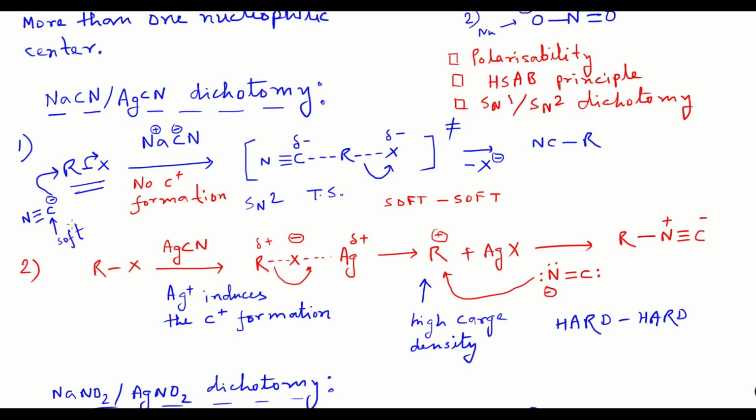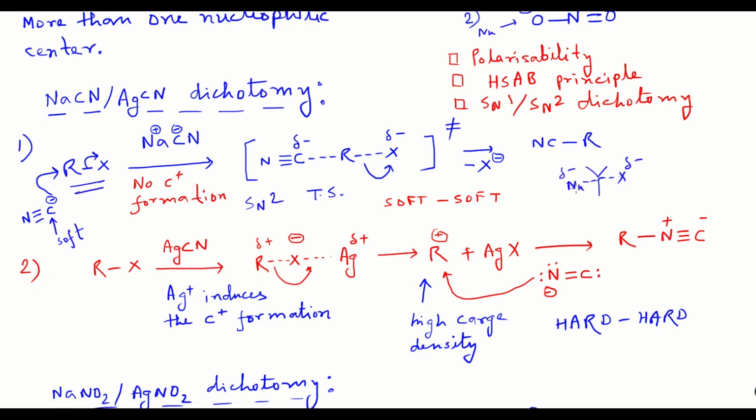High polarizability is the most important criterion for a good nucleophile for SN2 reactions, since in the transition state there is a partial bond between the incoming nucleophile and the substrate.